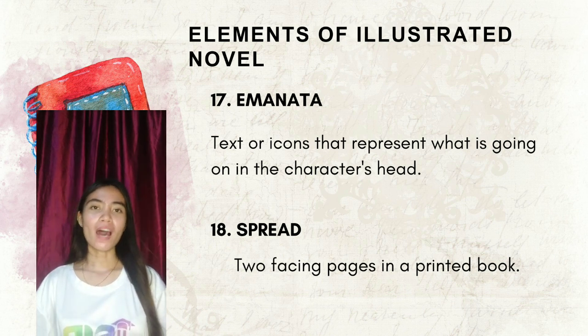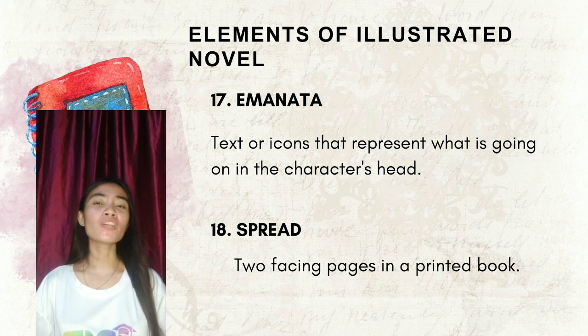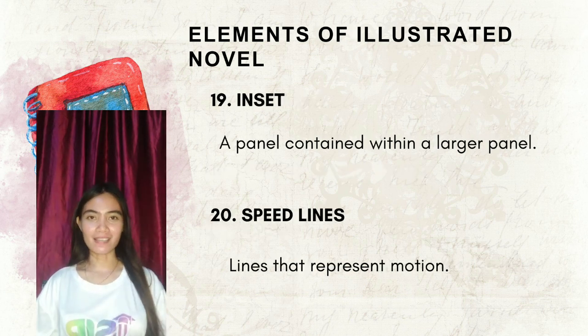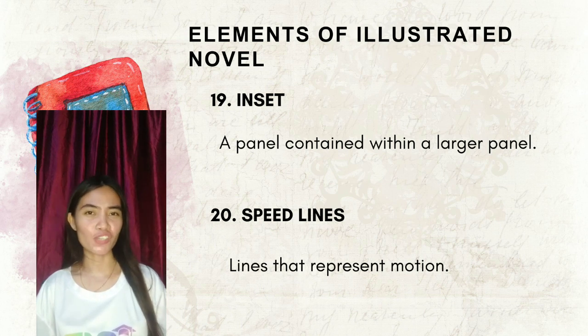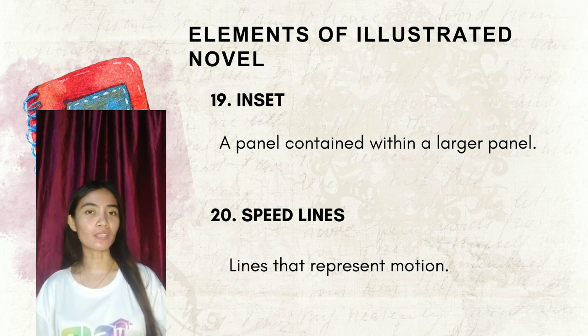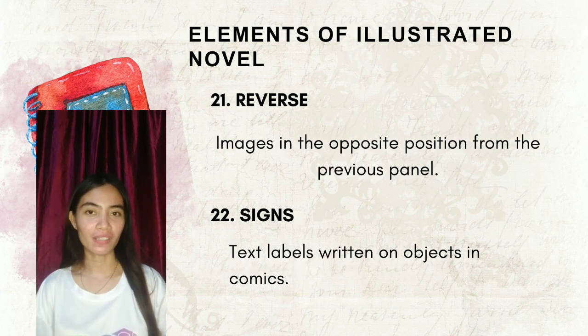Next is the spread, a layout that spans two facing pages in a comic book, often used for large impactful visuals. Next is the inset, a smaller panel within a larger panel, used to highlight a specific detail or provide additional information. Next is the speed lines, lines drawn around or behind objects to indicate movement or rapid action.